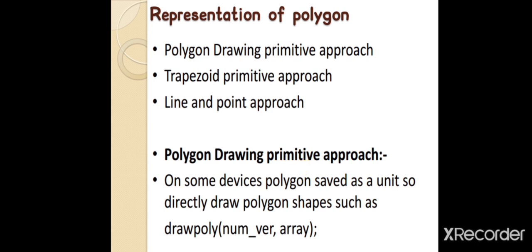So there is no need to give vertex by vertex information. Suppose I write the number of vertices as 3, then it can directly draw a triangle for me. For that I just have to put the coordinate values of those 3 points. So in the polygon drawing primitive approach, it is directly drawn with draw poly.